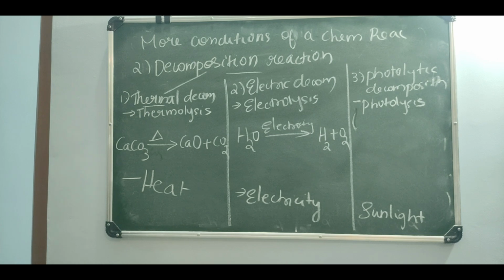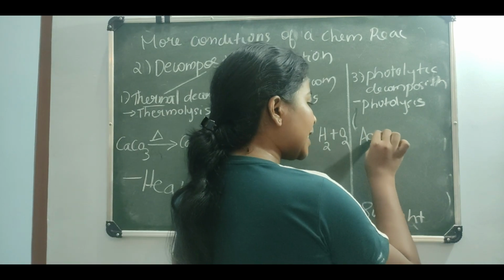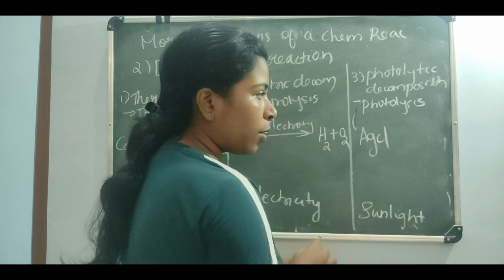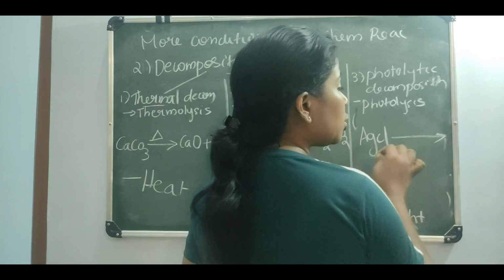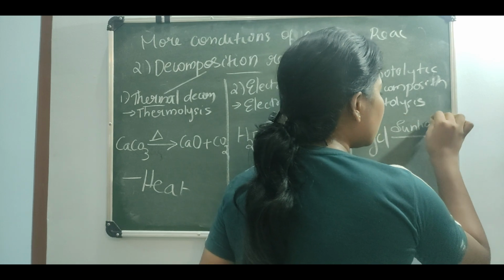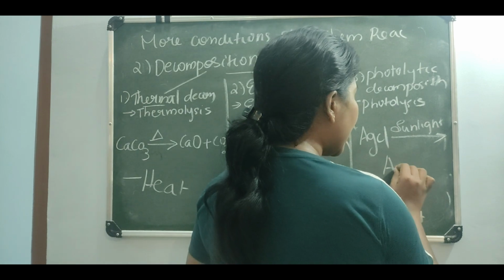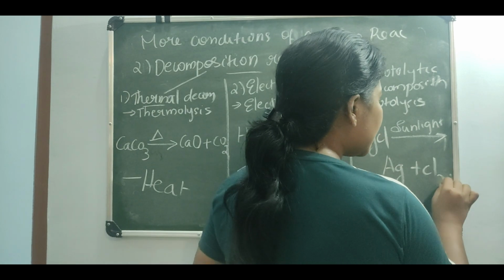Can you tell an example for photochemical decomposition? When AgCl, silver chloride, a compound, is exposed to sunlight, it gets decomposed to Ag and Cl.